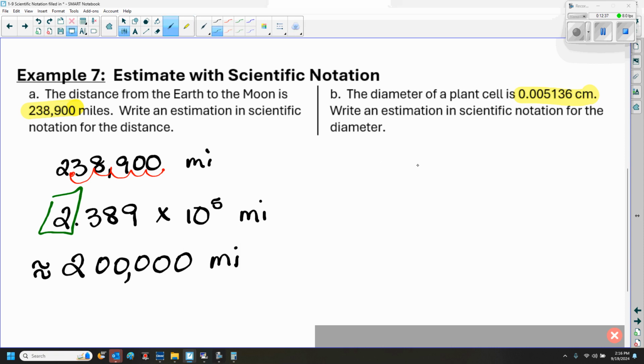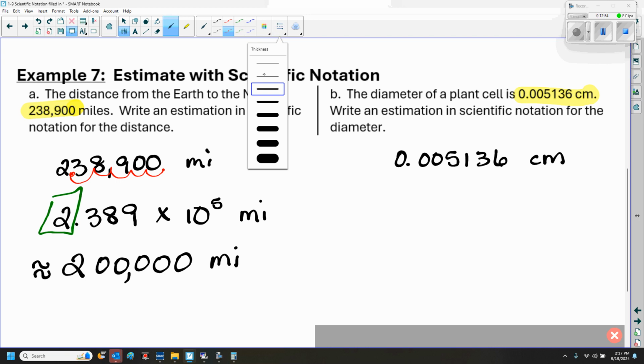So again, we're going to write down the original number that we're starting with, 0.005136, centimeters. We want to move the decimal to the right until we get to a number that is greater than or equal to 1 and less than 10. So we're going to stop right there.